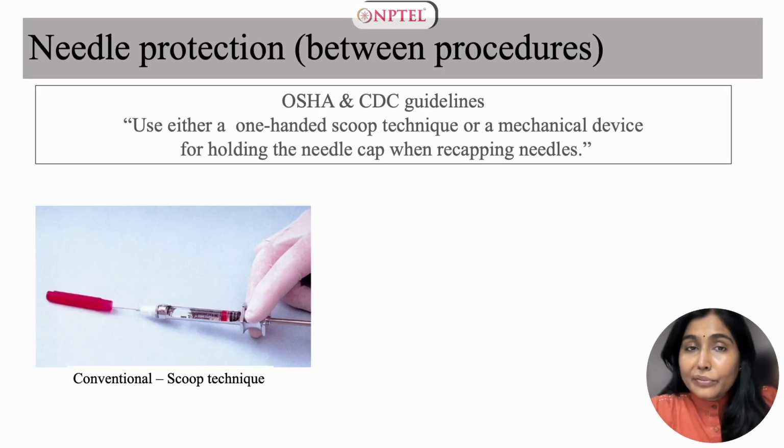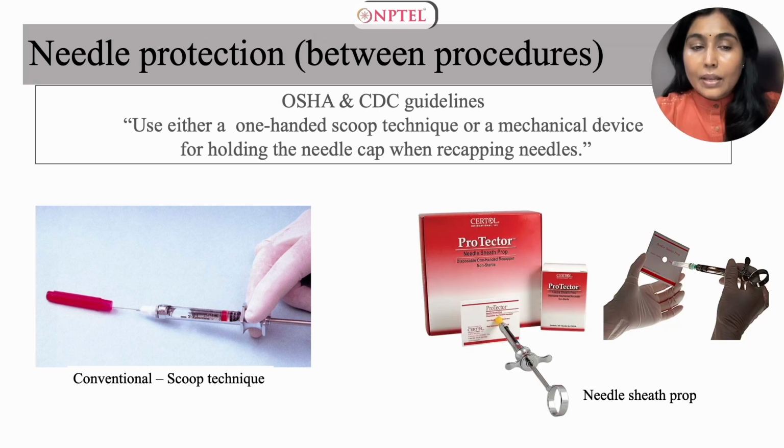According to the Center for Disease Control and Occupational Safety and Health Administration, prevention of needle stick injury should be done by using either a one-hand scoop technique or a mechanical device for holding the needle cap when recapping needles between procedures. But the scoop technique is not always convenient because as you try to scoop the needle, the cap may just keep moving away.